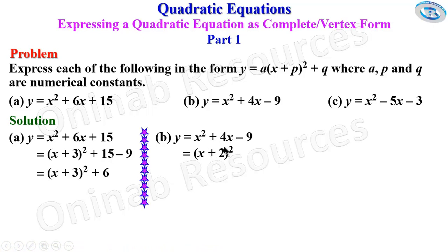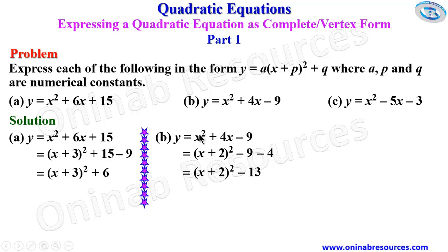This plus 2 is then squared, because of this square here. We then subtract it from this 9. So we now have minus 9 minus 4, which gives negative 13. So we have the final result to be x plus 2 all squared minus 13.